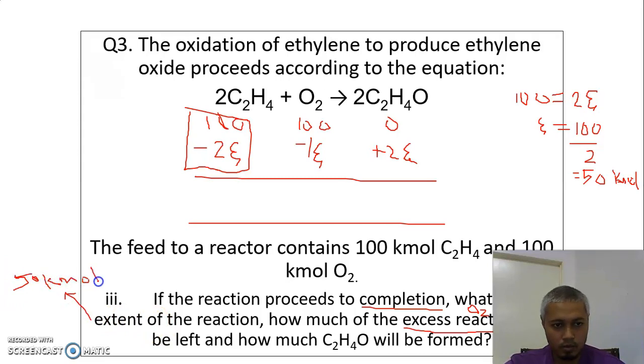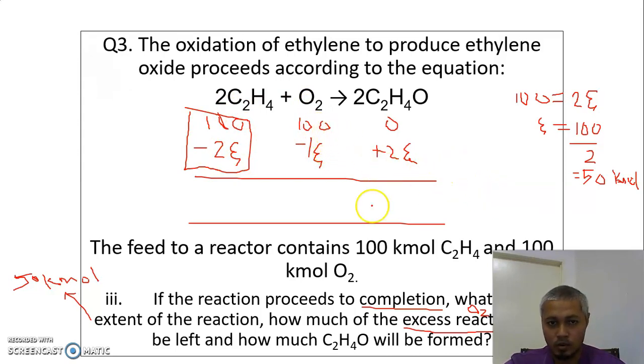Next, the excess reactant. We know that C2H4 is being consumed completely, and then we know that O2 is in excess, so it's very easy.